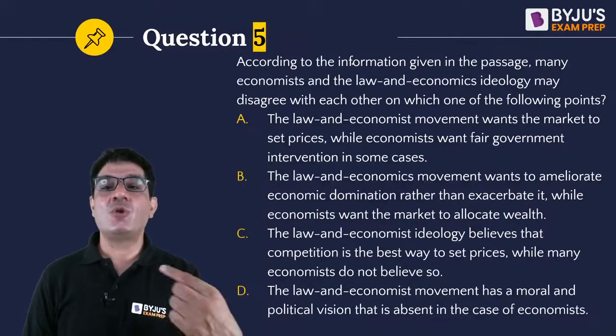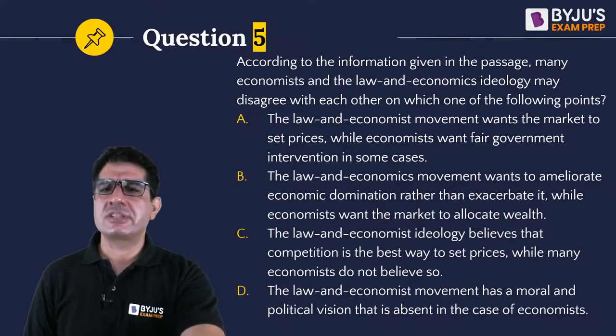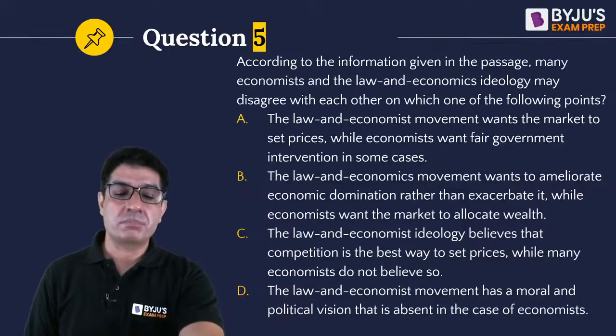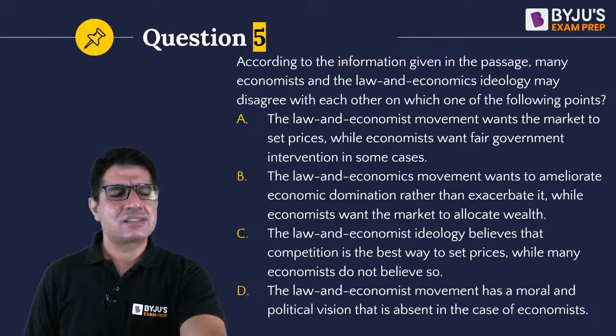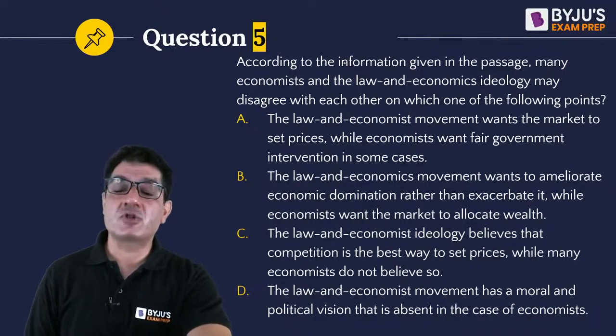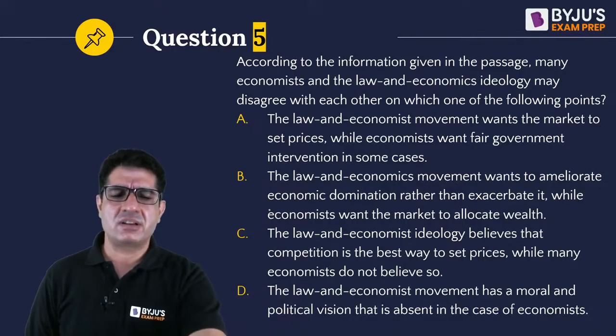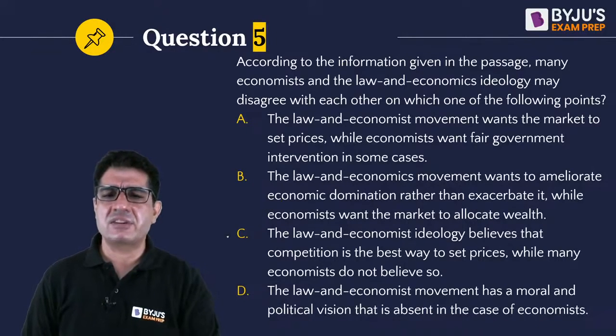So, that notion which was introduced in the second paragraph, first sentence, society's resources are best allocated by permitting competition to set prices, is something that many economists have stopped believing in. That's given in option C, and therefore that should be our answer.